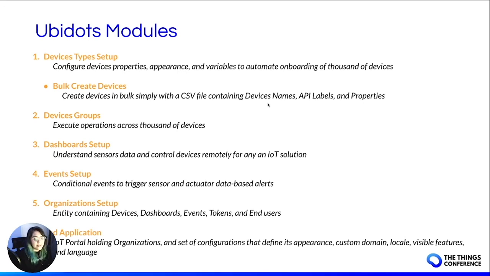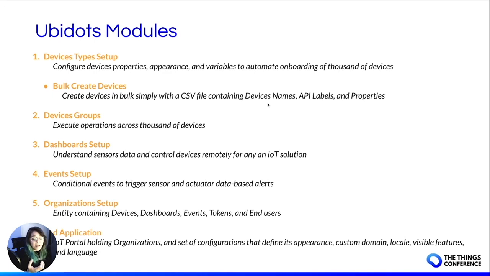First, we have the device type model, which basically allows you to automate the onboarding process, not just for one device, but for thousands of devices. So you are able to configure variable properties. You are able to configure their appearance, either for variables or devices, and other configurations as well.